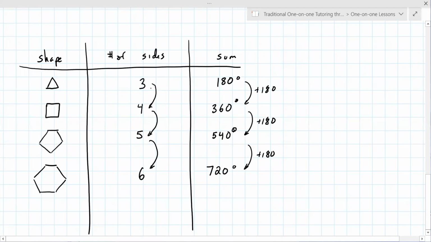Why can't you tell me what it goes up by? I think you add 180 plus 360 plus 540 plus 720. No, Sourish, I'm just asking you to tell me how to go from 3 to 4, 4 to 5. What do you add to 3 to get to 4? What do you add to 4 to get to 5? What do you add to 5 to get to 6?